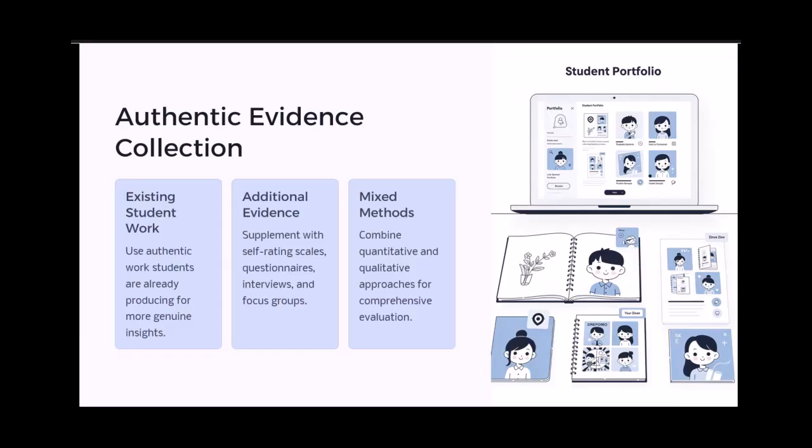So these should be used in conjunction with other approaches such as self-rating scales, questionnaires, interviews, focus groups, or more quantitative methods, which we've already looked at and will look at in more detail in a while. So authentic evidence collection looks at using existing student work to provide more genuine insights and combining these with other approaches for a more holistic evaluation.